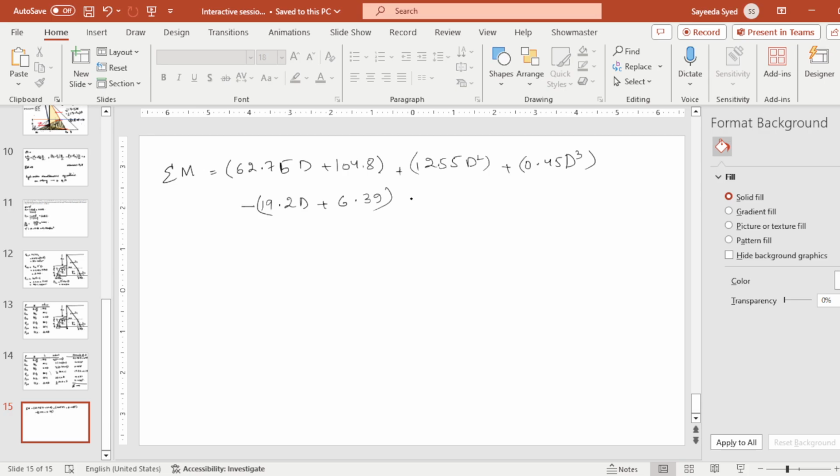You can just simply put it in your calculator and you will get the answer that D is equivalent to 3.75 meter.